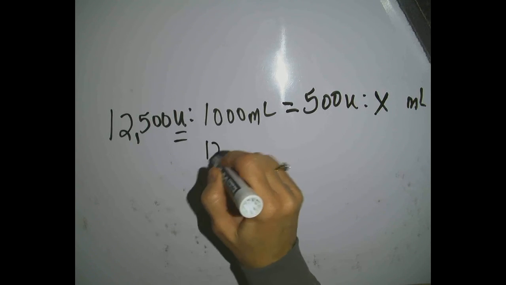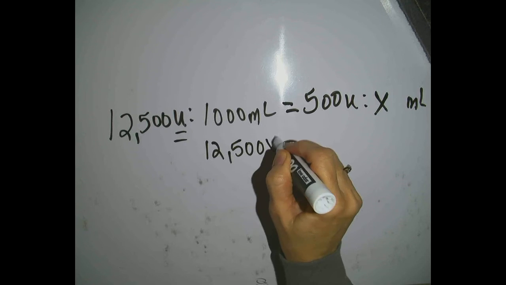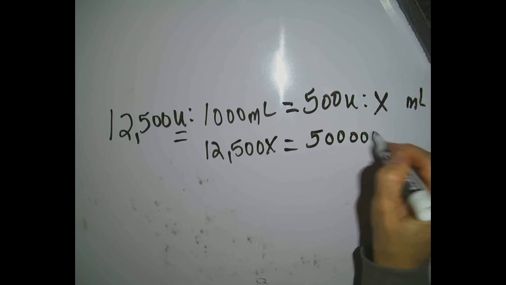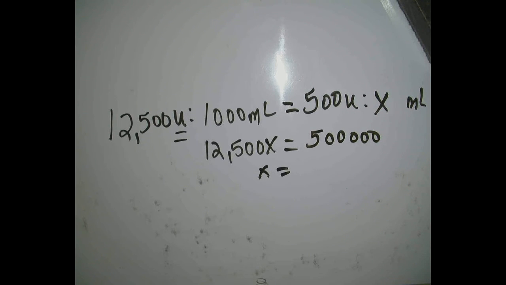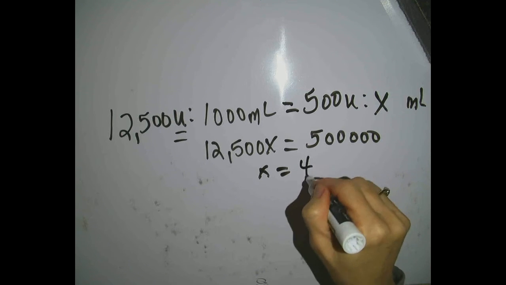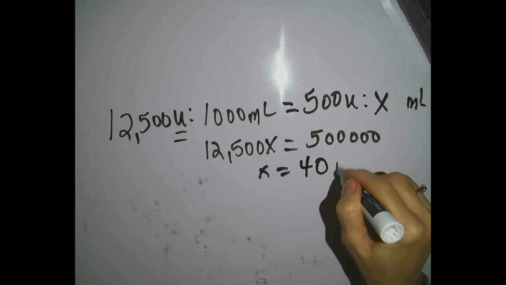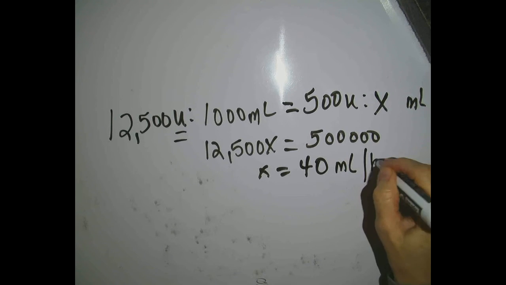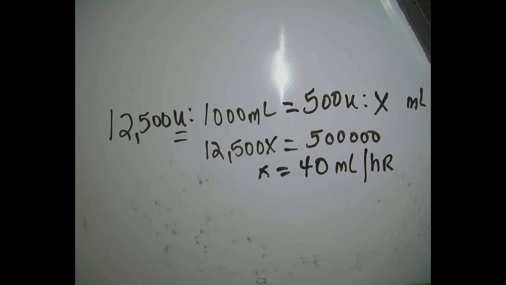At this point, this should just look like our means and extremes. So we know that we need to infuse 40 milliliters in order to infuse 500 units. So our answer then is 40 milliliters per hour.